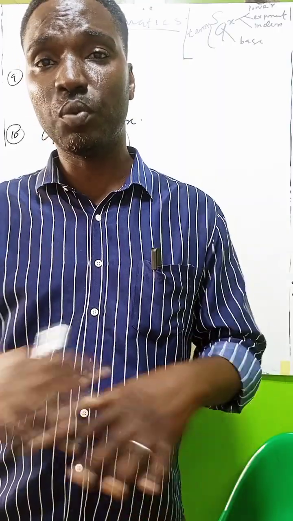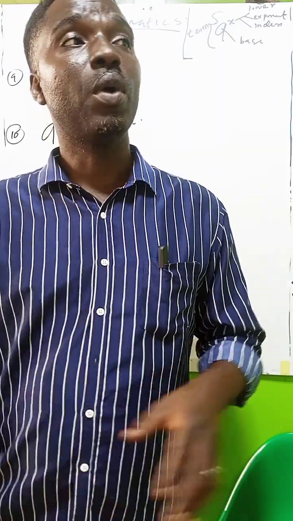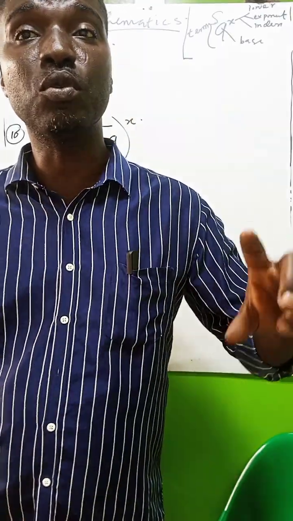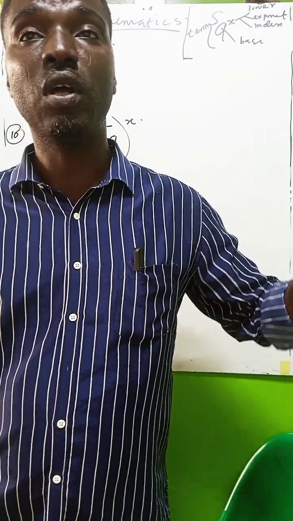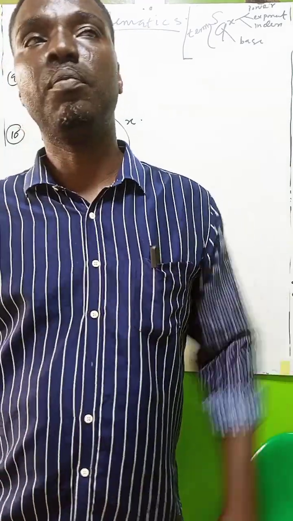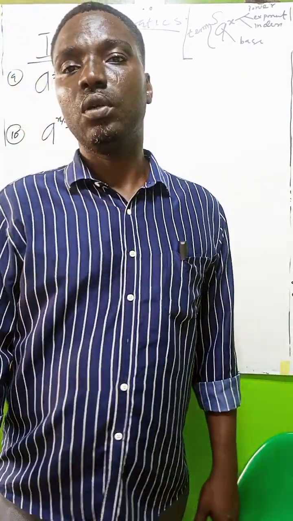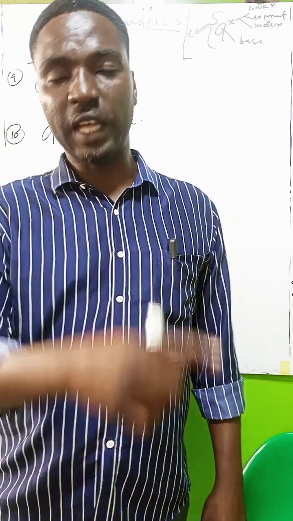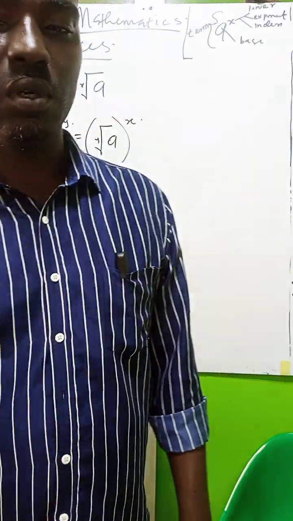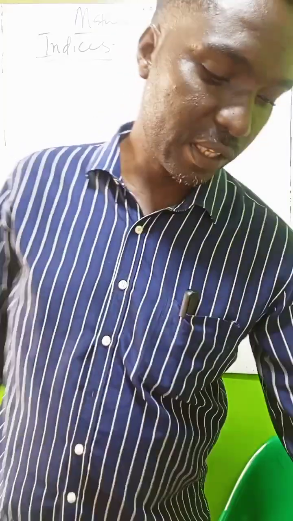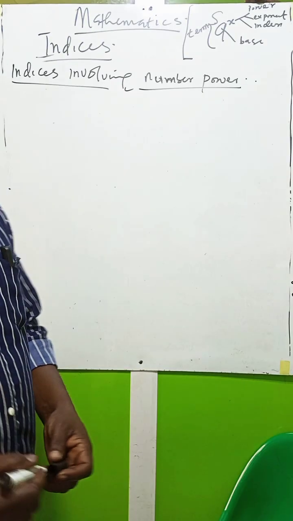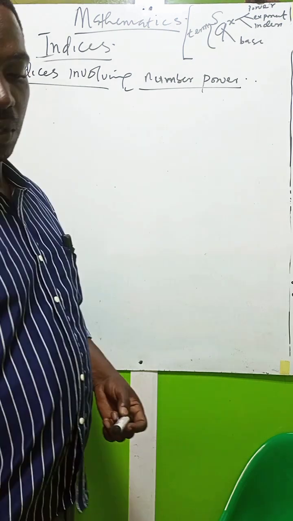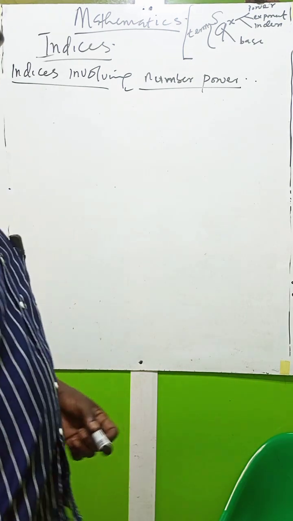We group the problems into categories so that when you see a particular problem, you will be able to identify the law that best suits the solution of that particular problem. Okay, let's proceed. Let's see category 1, indices involving number power.